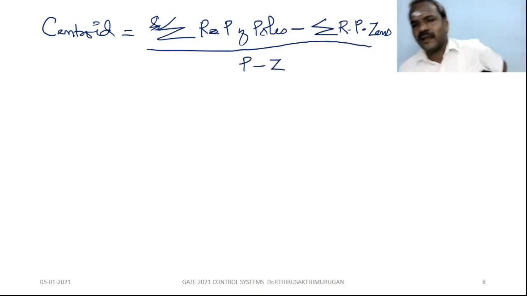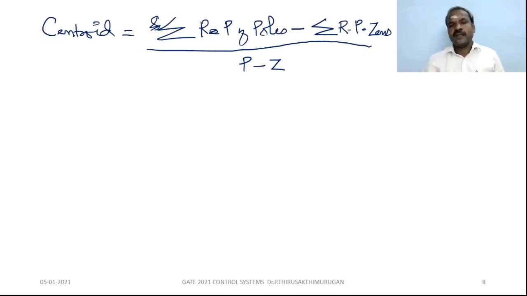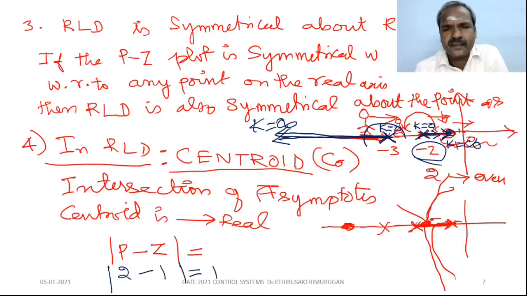This is the centroid, the meeting point of the asymptotes, right? So how many poles here? Two poles. The real part of pole number is 3, so the sum of the real parts of the poles is 2 plus 3, equal to 5.